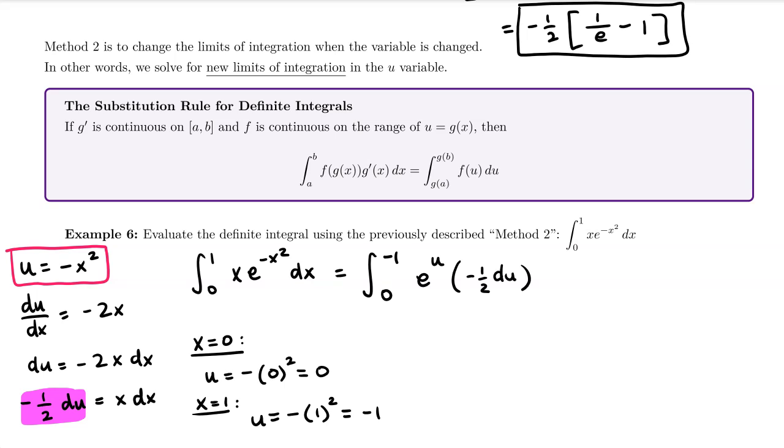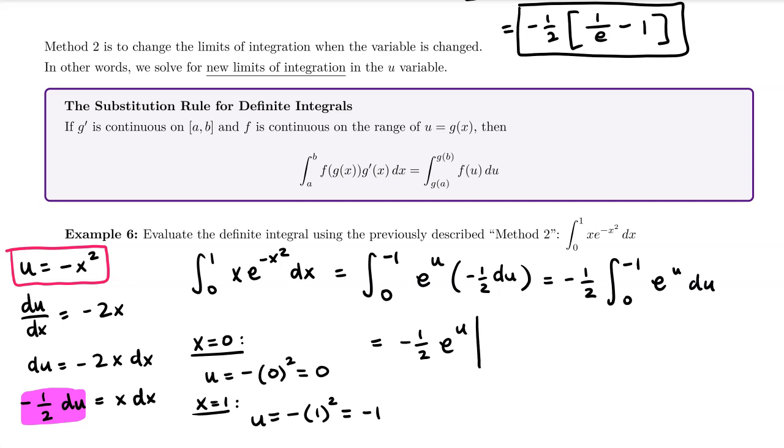So I'm going to go ahead and factor out negative 1/2 now. Okay, and so negative 1/2 is the constant, and if I take the antiderivative of e to the u, that gives me e to the u.